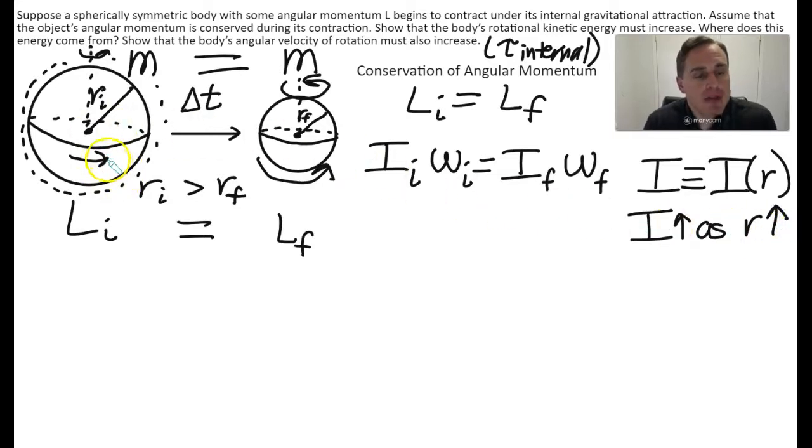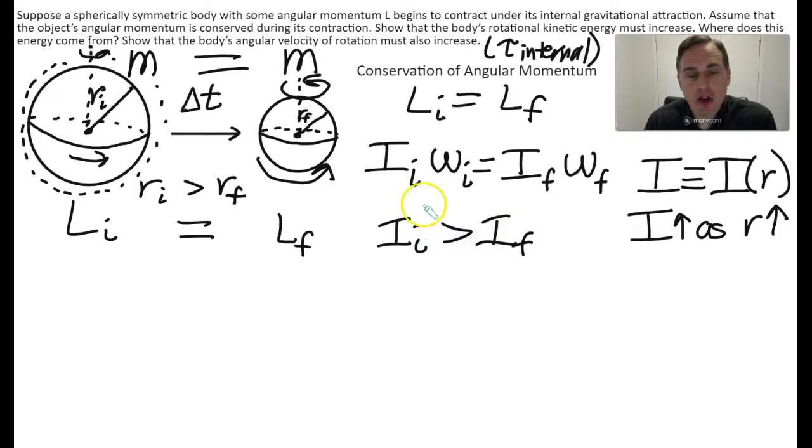But just the opposite would also be true. As the radius decreases, the moment of inertia should decrease. Now, let's think about what the result of that is. If the radius initial is larger than the radius final, that means that the moment of inertia final should be less than the moment of inertia initial.